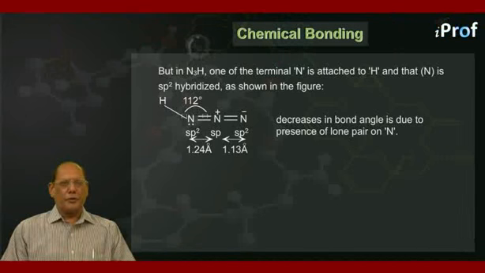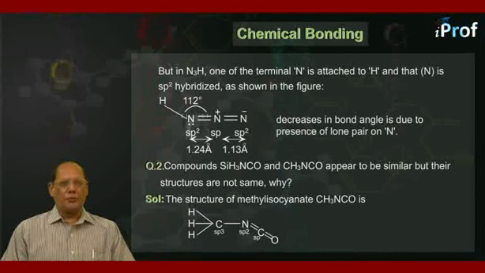We see that the bond angle is 112 degrees. There is a decrease in the bond angle, and it is due to the presence of a lone pair on the nitrogen atom. Therefore, N3H is a bent molecule at the terminal nitrogen atom.